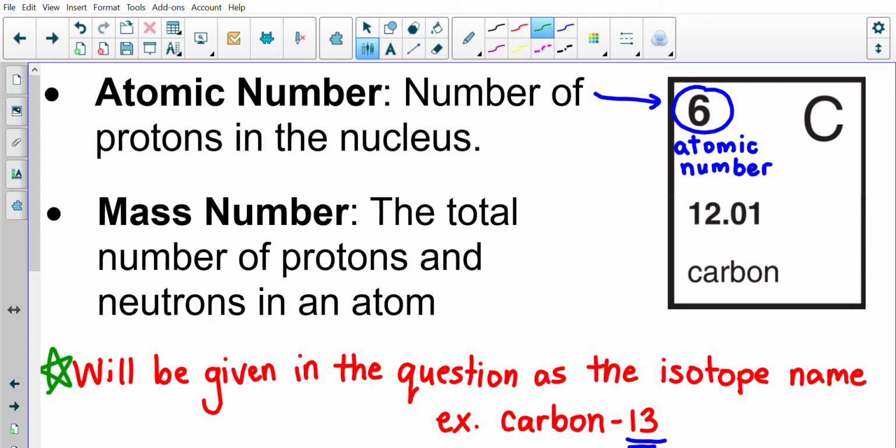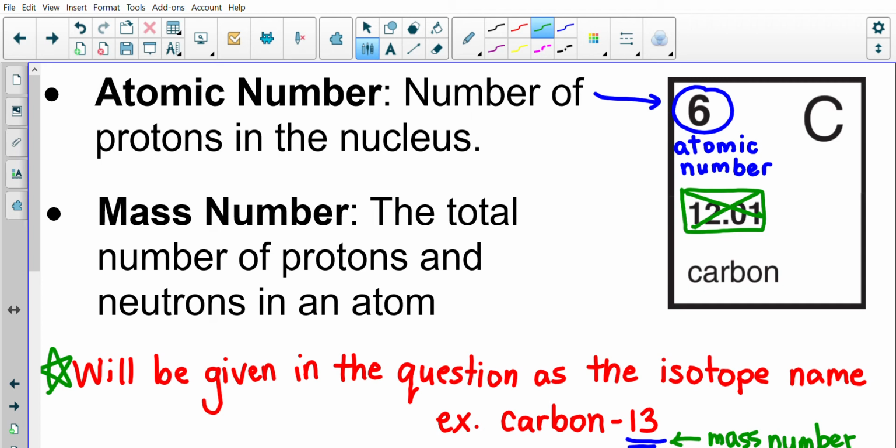If you need to know a mass number, you look in the question. It will be given in the question as part of the isotope name. So for example, let's say you're doing a question involving carbon 13. Well then 13 is your mass number. The periodic table that's posted on D2L does contain this number here that I'm putting a box around. We do not use that number for anything in Physics 30.